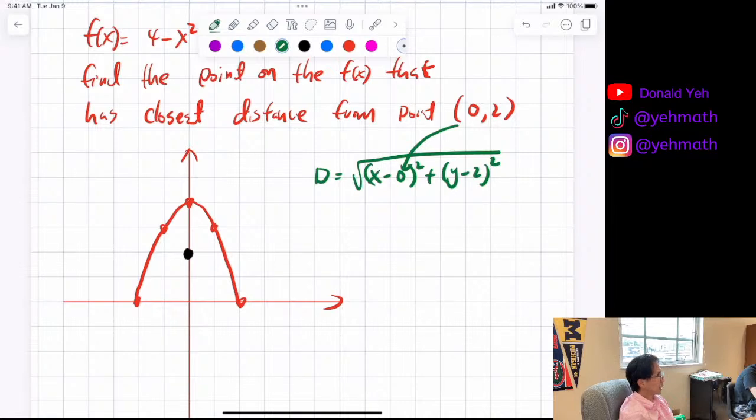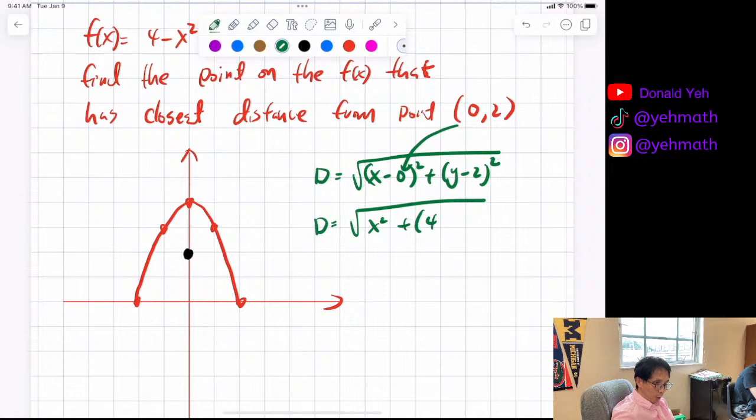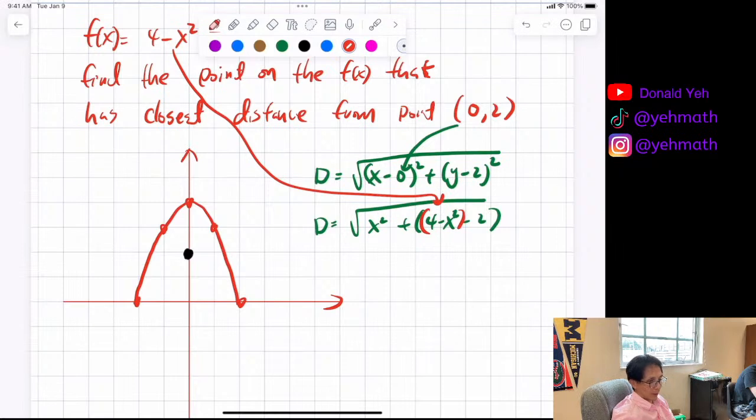Now, what's the constraint? What is the constraint here? 4 minus x squared. Good job. Why is that? Because this is the y. Y is 4 minus x squared.